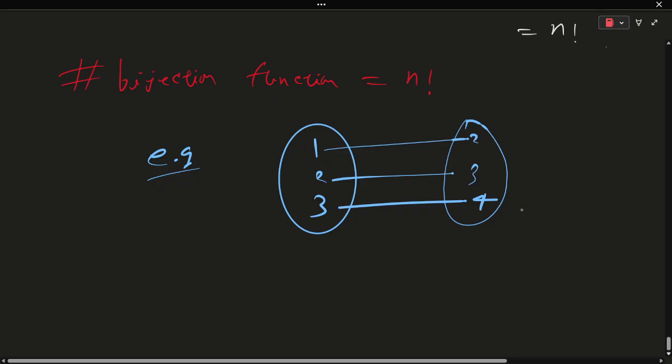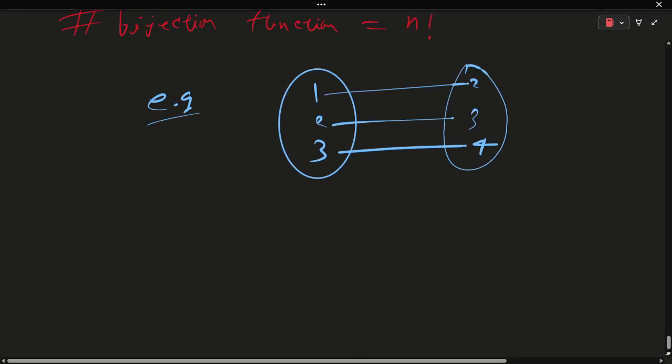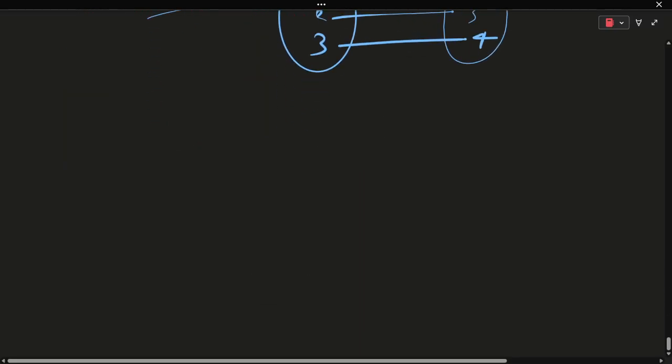This is a bijection mapping, both 1-1 and onto. Now, the graphical visualization, which I'm taking.